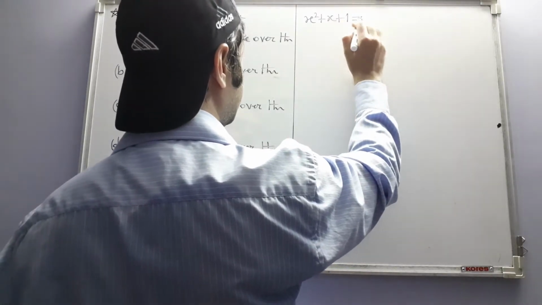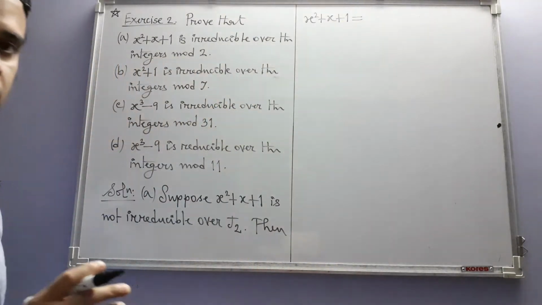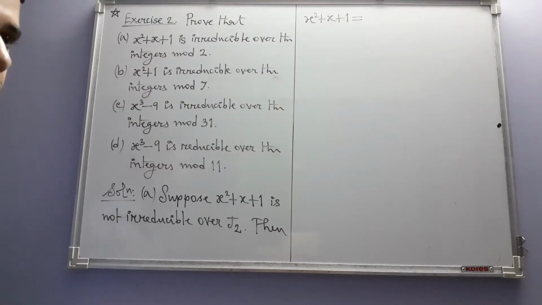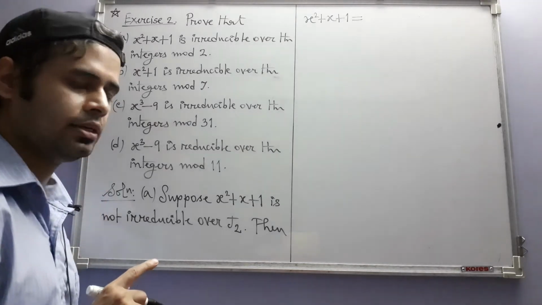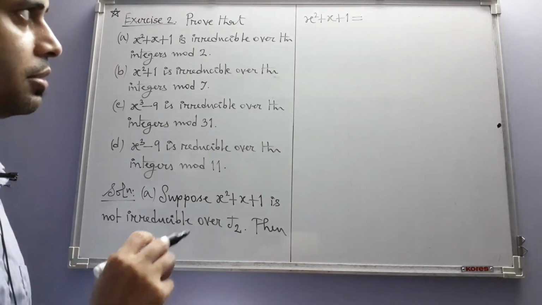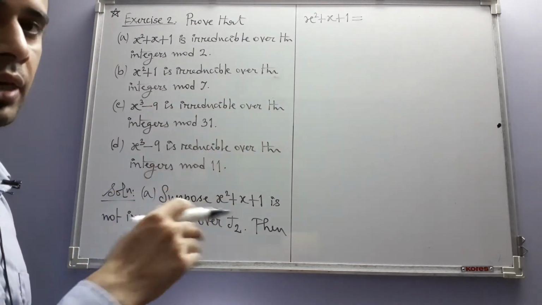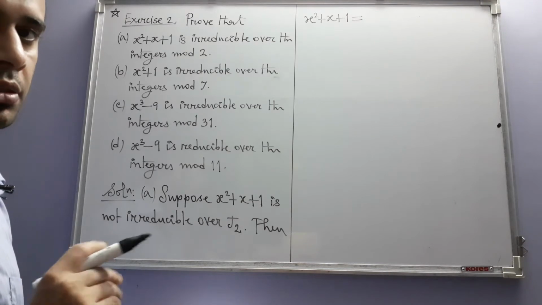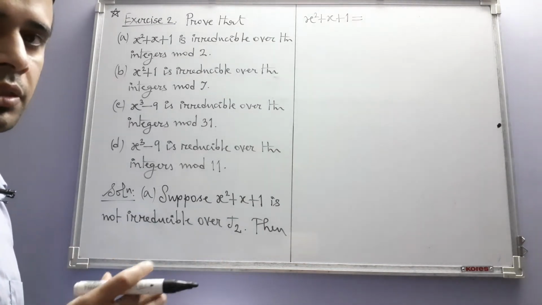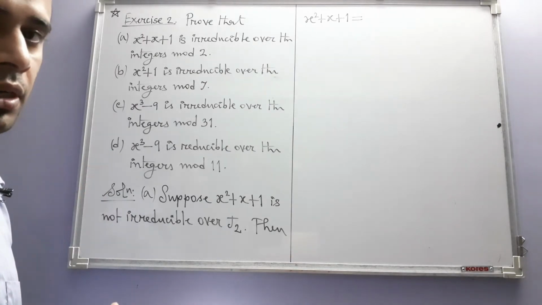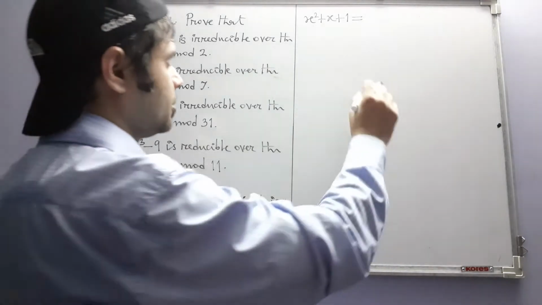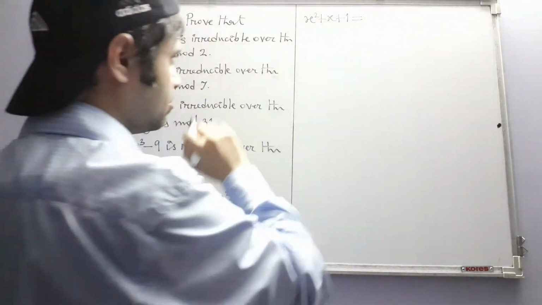Not irreducible means there is a factorization of this polynomial as a product of 2 polynomials, none of which is constant. Since the polynomial is quadratic, it has degree 2, so when we write it as a non-trivial product of 2 polynomials, both of them have to have degree 1, because the sum of the degrees should be equal to 2.